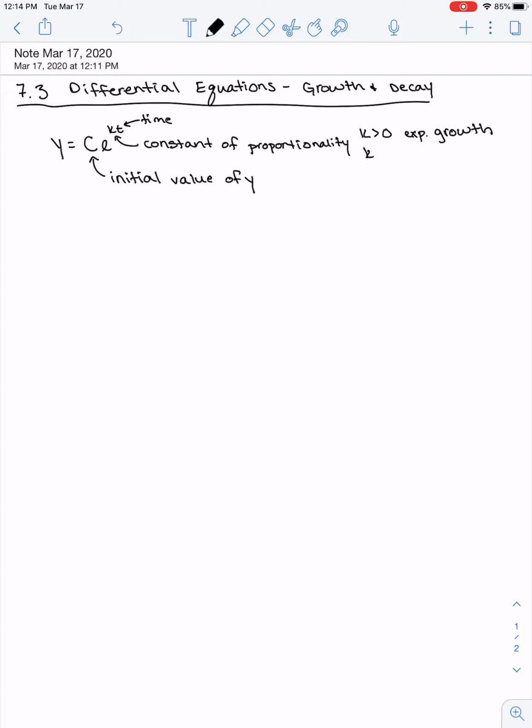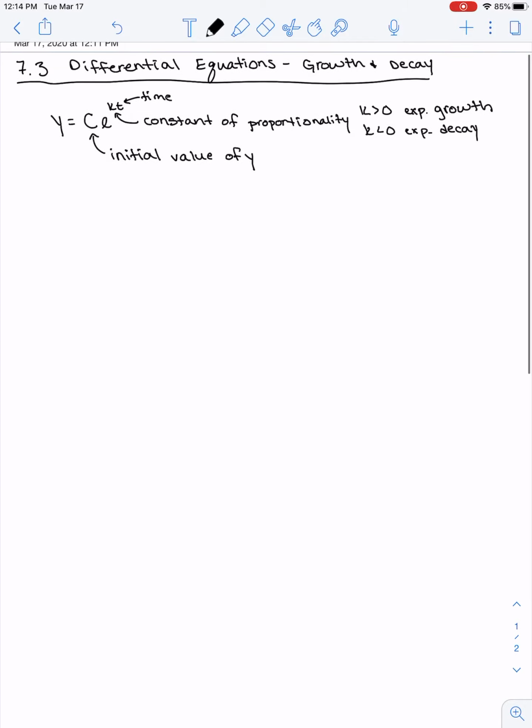And when k is less than 0, that's when you're getting exponential decay. And I know that y'all have worked with exponential growth and exponential decay functions in math as well as in science. But now we're going to look at how this relates to differential equations.